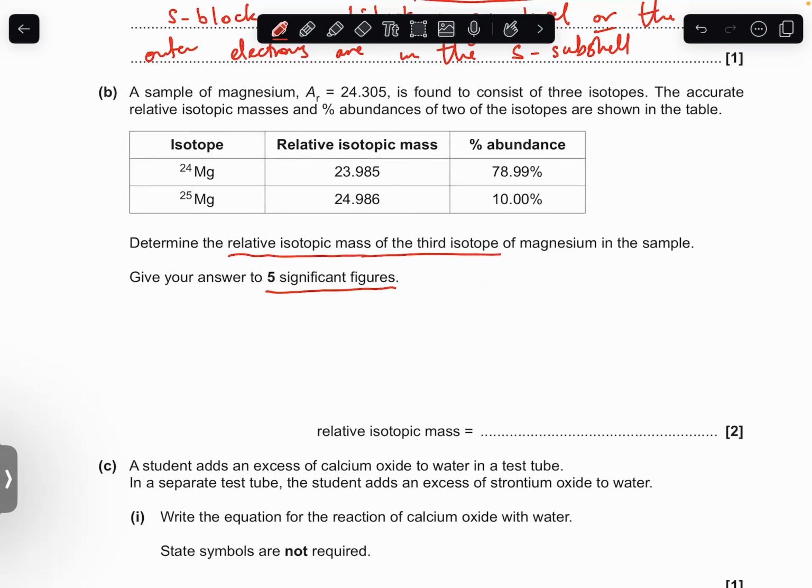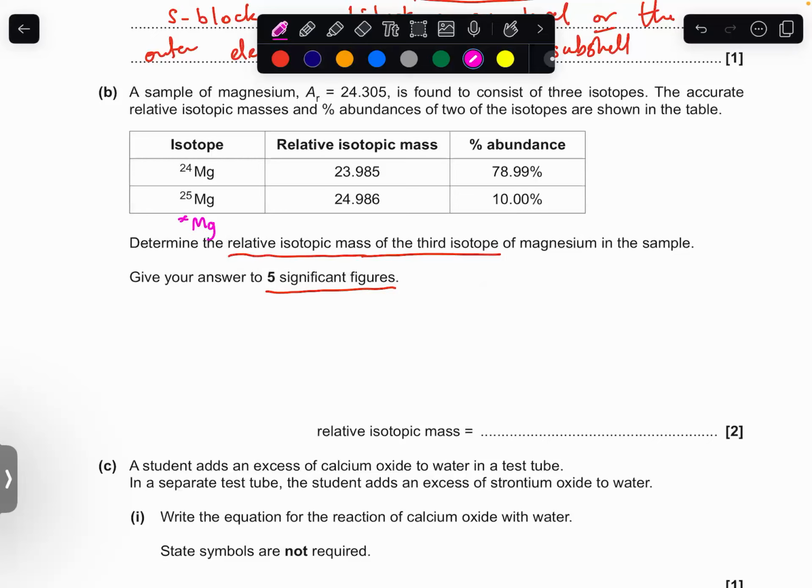Can you see how they are getting more clever? We don't know what that third mass is. Let's call that X.